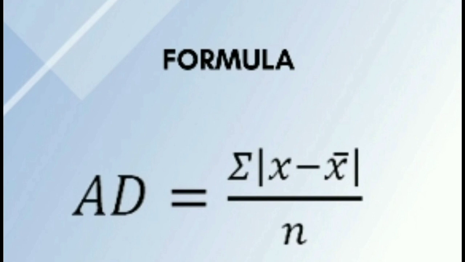Once every deviation has been calculated from its respective data value, they must be converted into absolute value and then added together. The sum of all those absolute deviations must be divided by the total number of data present in the given sample in order to finally solve for the average deviation.